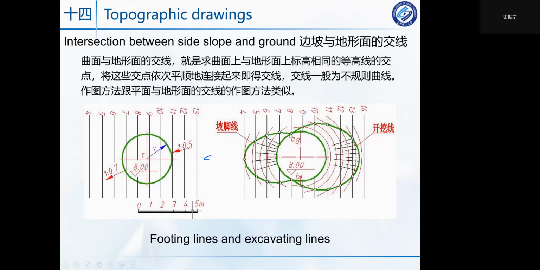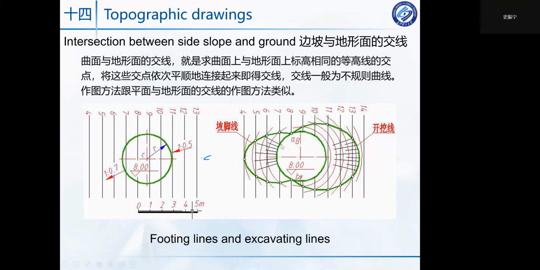So now you can see the supporting slope, with a slope of 1 to 0.7.